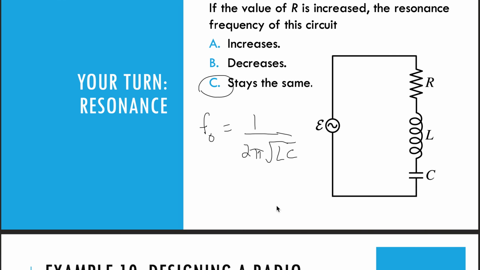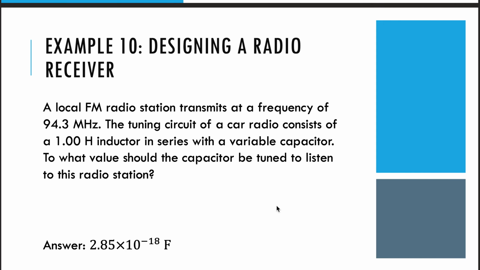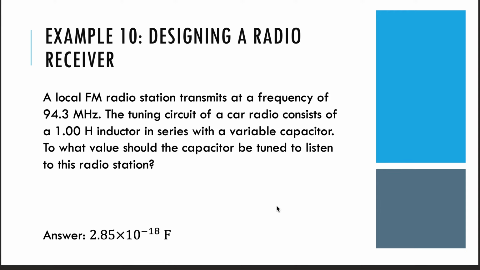Let's do one example. Back to our radio. So we have a local radio station that transmits at a frequency of 94.3 megahertz. The tuning circuit of a car radio consists of a 1 Henry inductor in series with a variable capacitor. So we have our circuit, an AC circuit. It's going to resonate at a certain frequency.